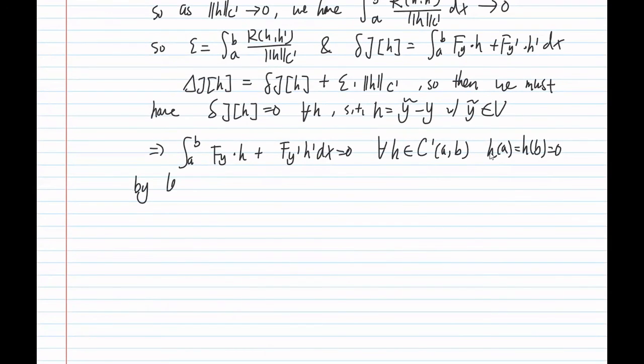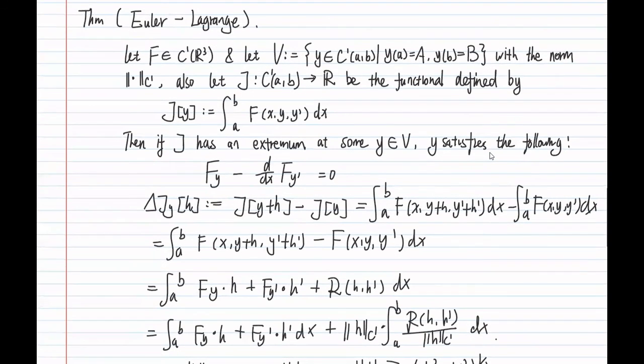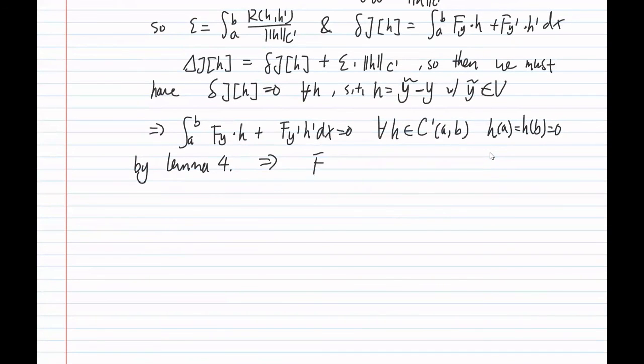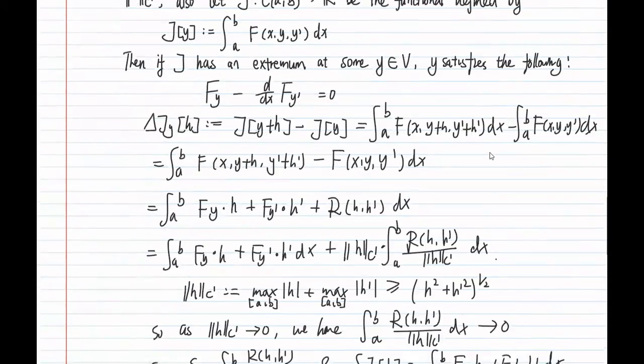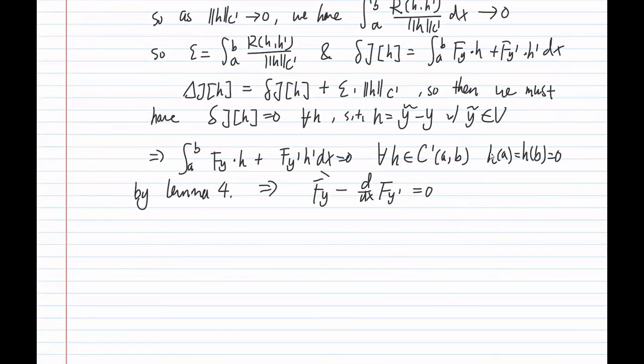So by lemma 4, that would basically imply our last result: f_y minus d/dx of f_y prime equals 0. Notice this actually takes f_y and f_y prime as functions of x, but that's okay because f_y and f_y prime are functions of x, y, and y prime, which is then a function of x, right? So then we're done.